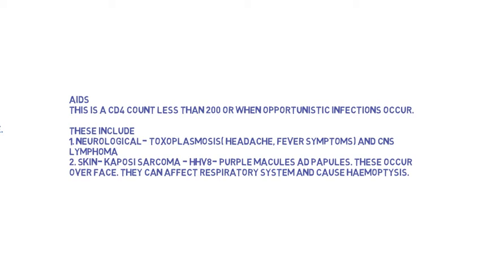And a particular thing that is common in the skin is Kaposi's sarcoma, which is caused by human herpes virus 8, and it causes purple macules or papules on the skin, typically the face, and can also affect the respiratory system, causing a patient to cough up blood.